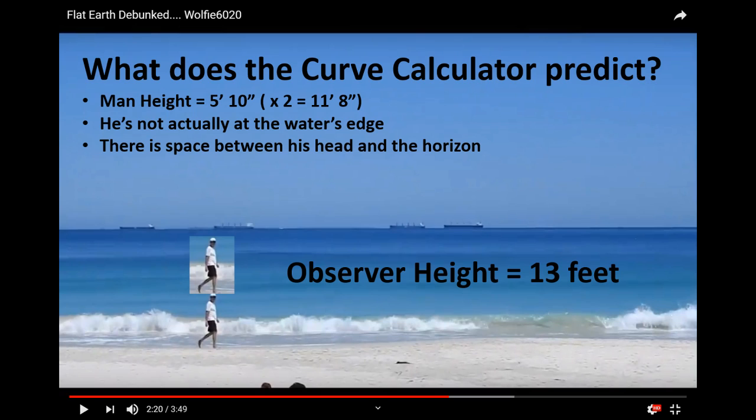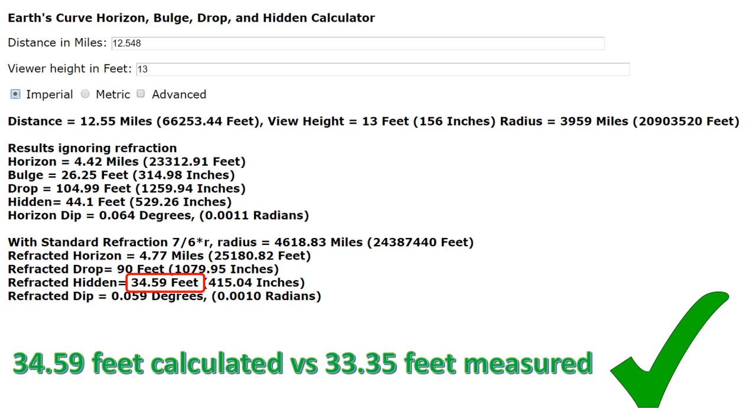During Flat Earth Awakening's video, he actually zooms out, and we see this guy walk past. We're going to assume that he is about 5'10", average height, and we can stack two of them, plus a little bit extra. So I'm going to say his observer height is not actually 10 feet, I'm going to say it's 13 feet. Let's plug those into the curve calculator.